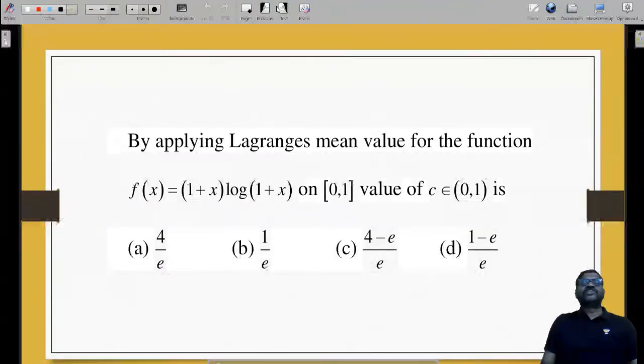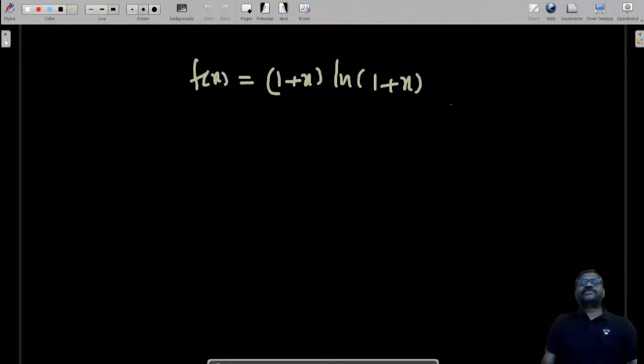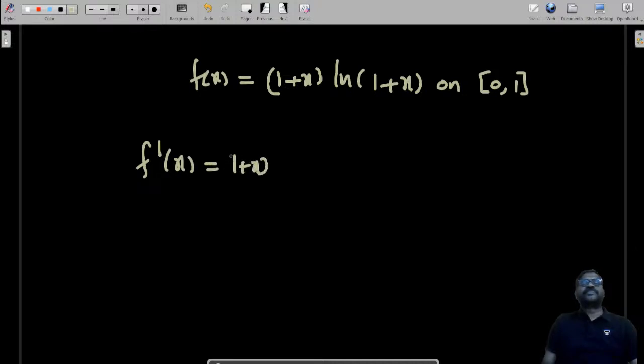F of x is 1 plus x log 1 plus x on closed interval 0 comma 1. F dash x is 1 plus x into 1 by 1 plus x, plus log 1 plus x into differentiation of 1 plus x, which is 1.